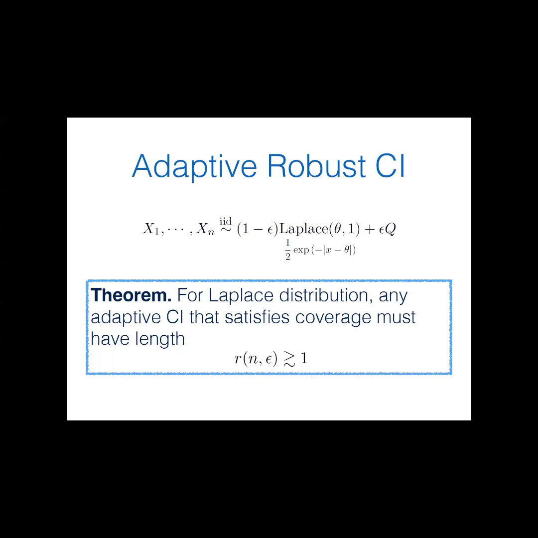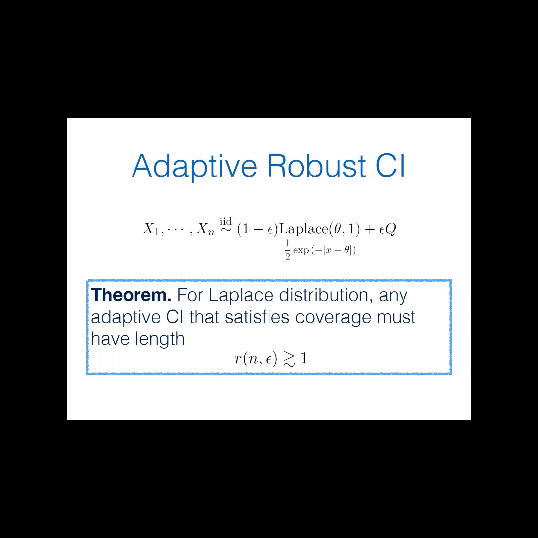It says even if you have epsilon equals 0 and n is infinity, you may have an endless supply of clean data, but just because you do not know whether the data is clean or not, the best confidence interval cannot shrink as the sample size goes to infinity. So the sample size no longer matters.